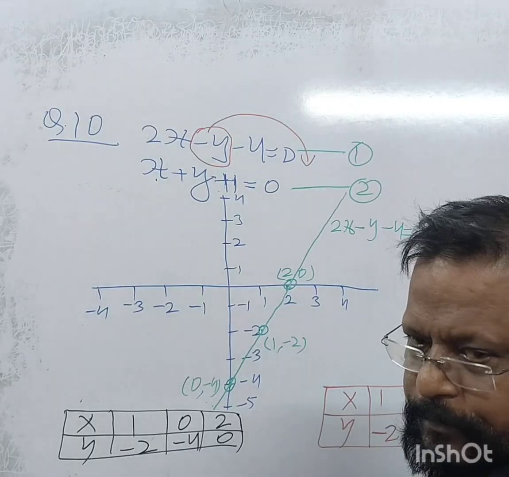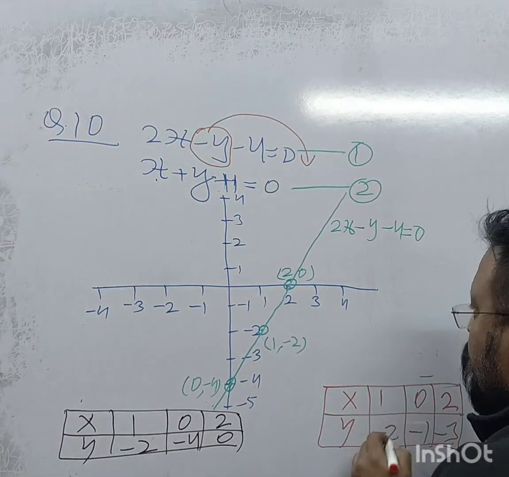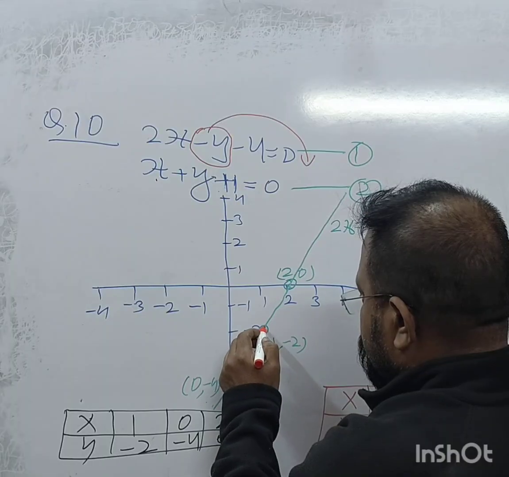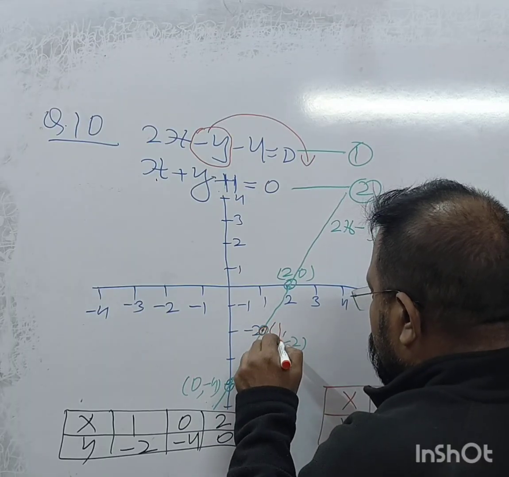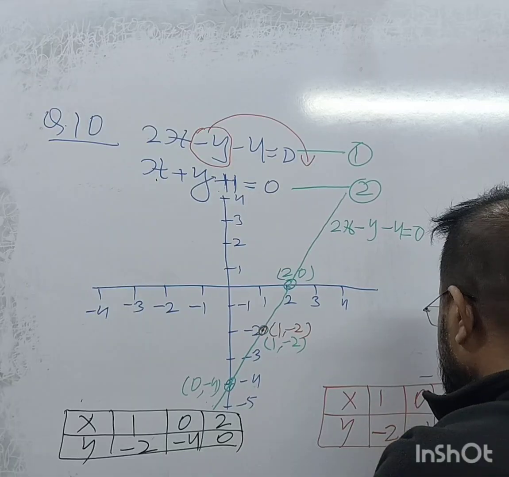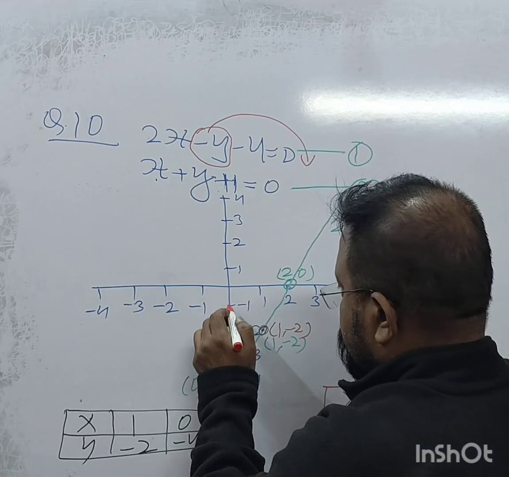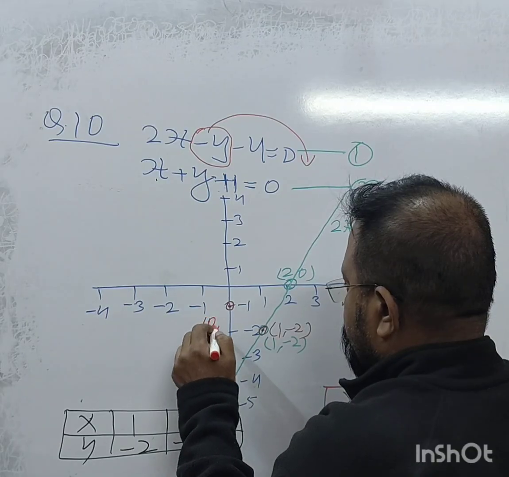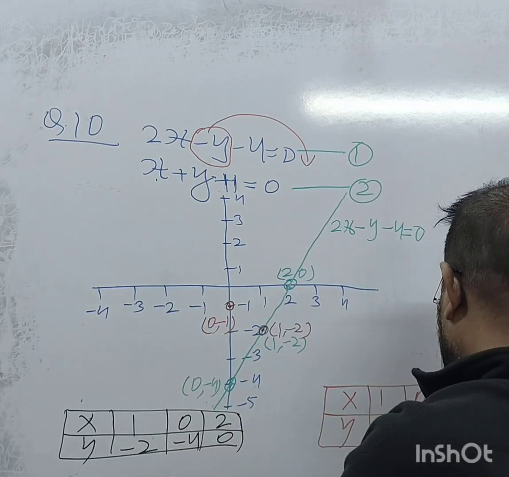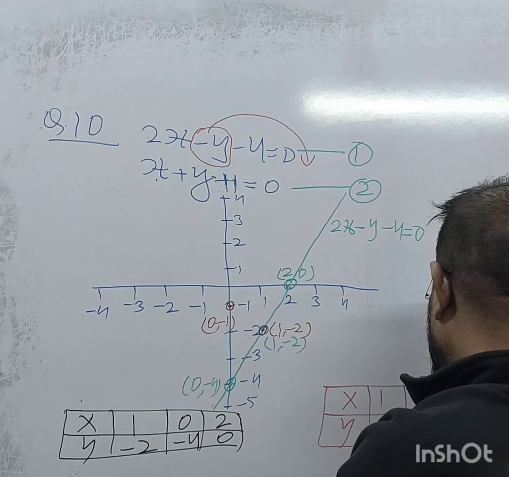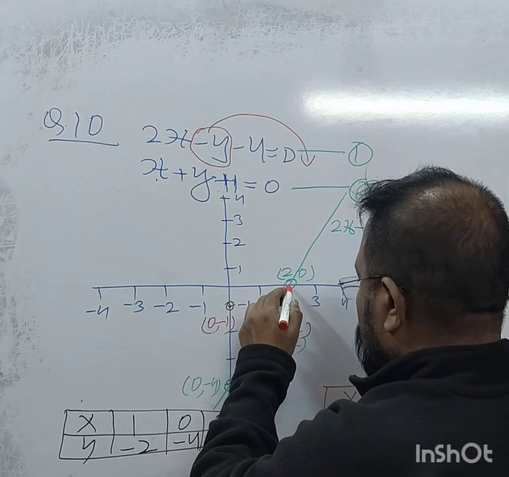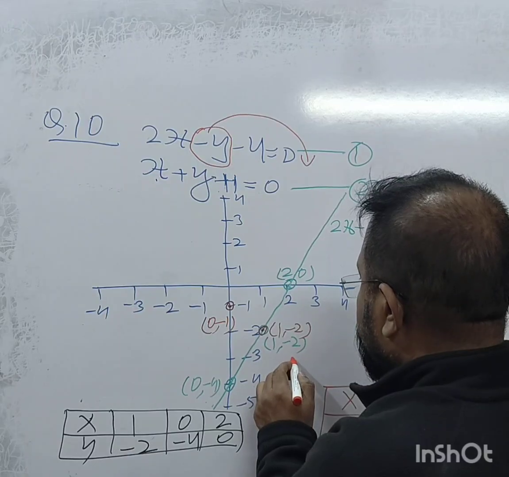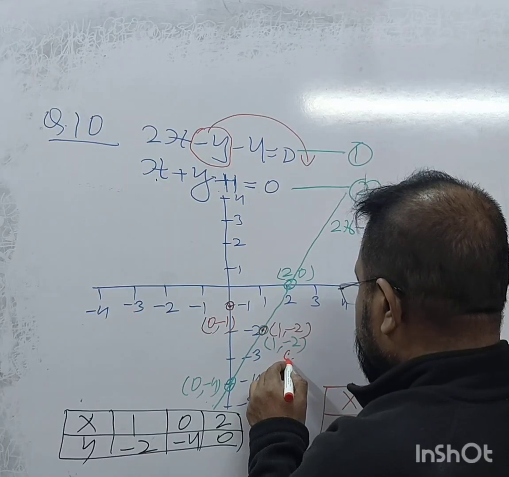Next we have 1 comma minus 2, which we have here also. Then 0 comma minus 1 is here, and 2 comma minus 3 will be here.